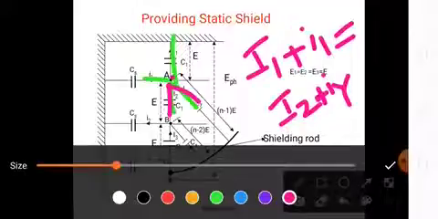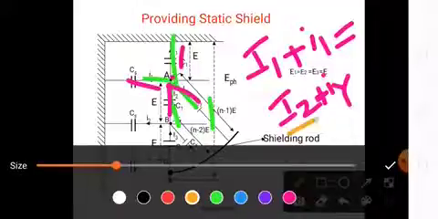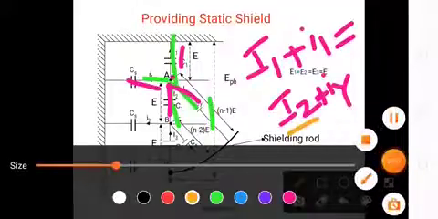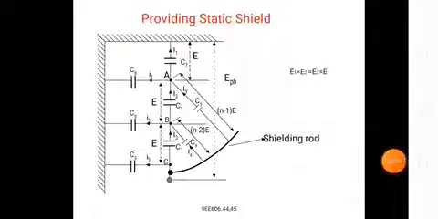Applying Kirchhoff's law, from this we get I2 is equal to capital I1 plus small I1 minus Iy, right?